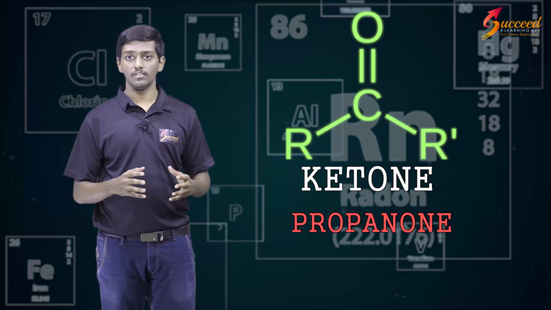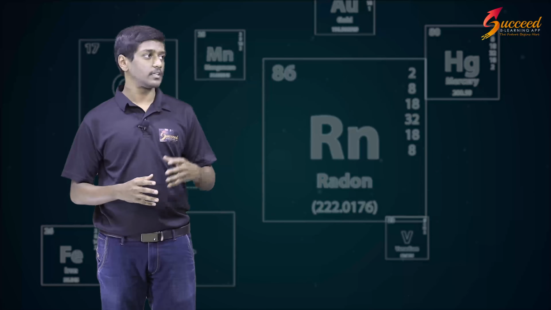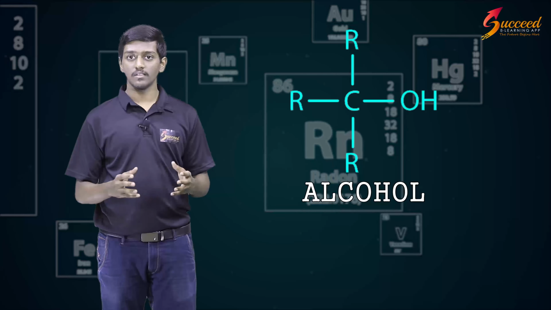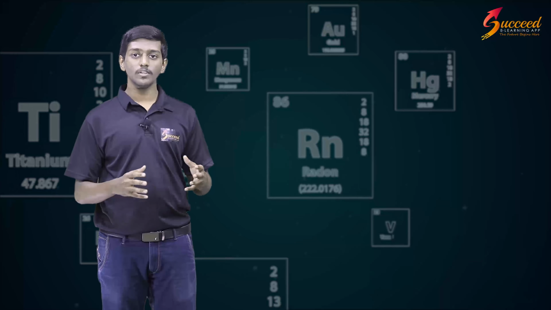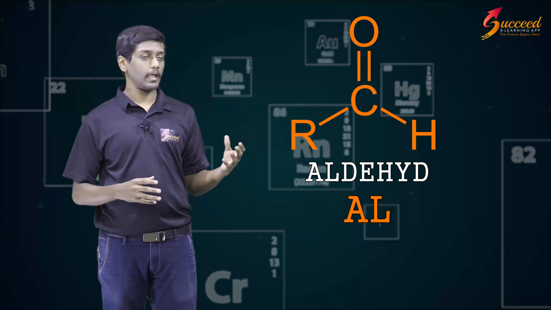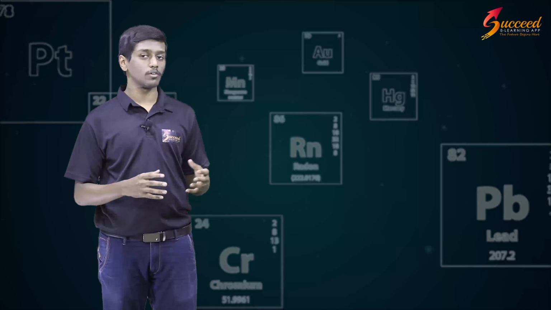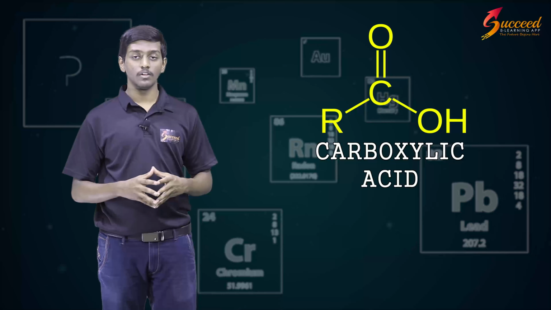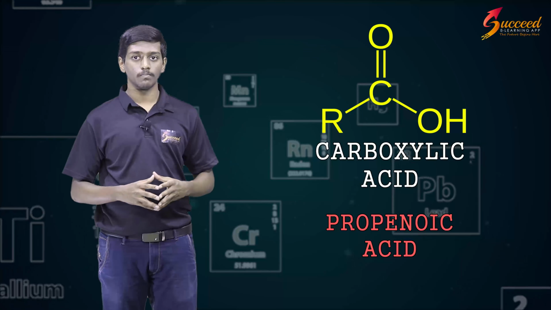The suffix is ONE. If the functional group is alcohol, then the suffix is OL, propanol. If the functional group is aldehyde, we use AL, that is propanal. If the functional group is carboxylic acid, we use oic acid, propanoic acid.